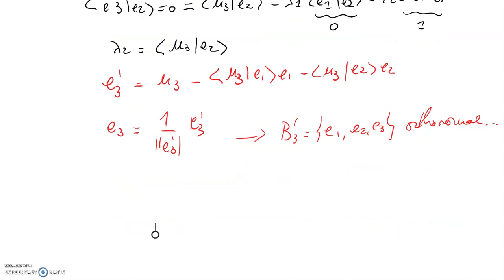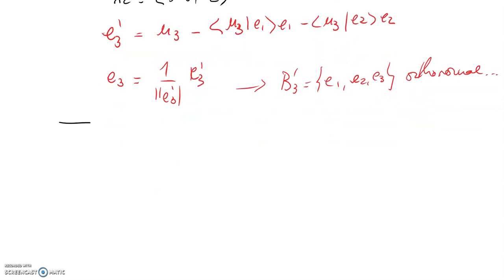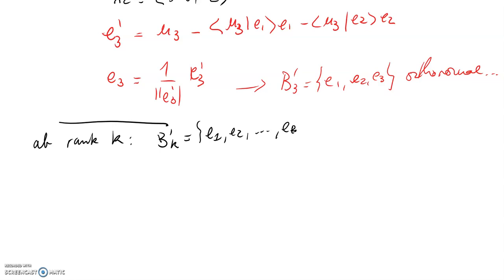Assuming you have, at rank K, built this family B prime K, which will be E1, E2, up to EK, out of u1 to uK, and you still have your basis B. You want to add one more vector, so you want E K plus 1.